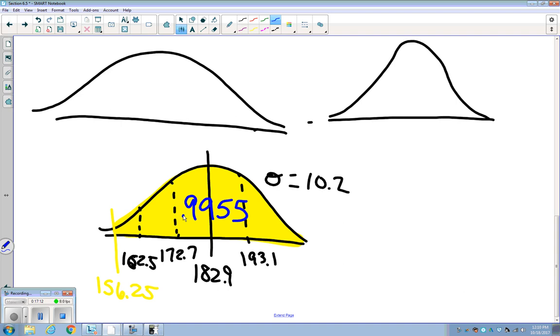Which means that if I take a sample of 16 men, 99.5% of those samples are going to exceed the weight limit.